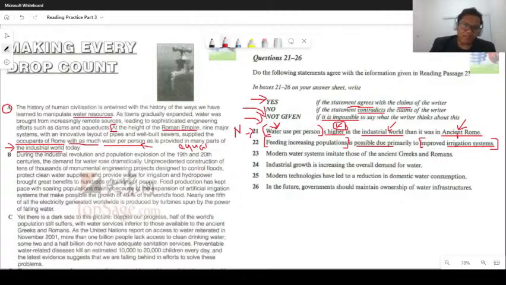Construction of tens of thousands of engineering projects designed to control floods brought great benefits to hundreds of millions of people. Okay, we have hundreds of millions of people here, but does that mean increasing population? Maybe not. But again, this is a practice, so I want to show you the thought process behind this, so that you can continue refining the approach yourself when you practice these questions in your own time.